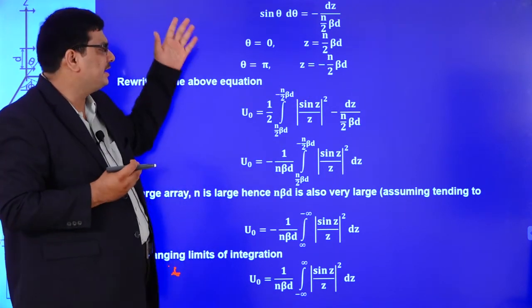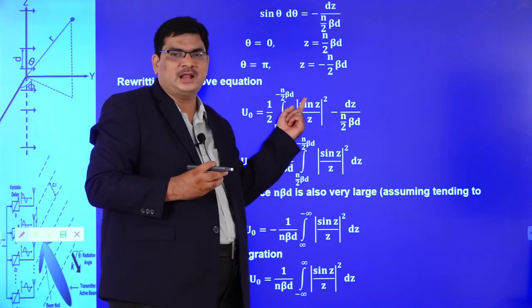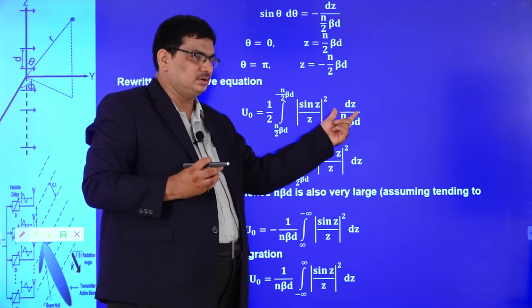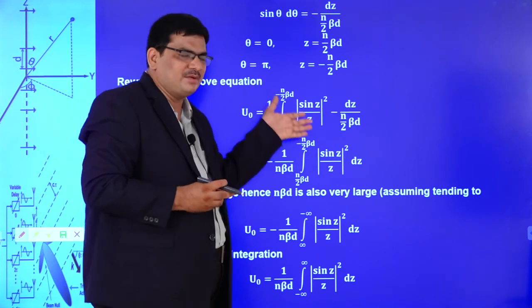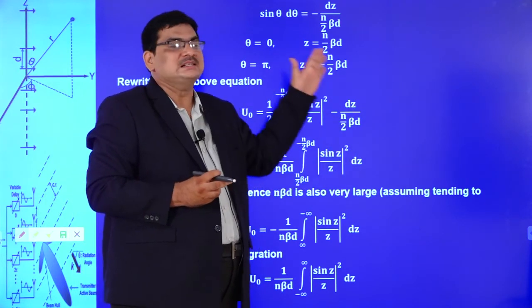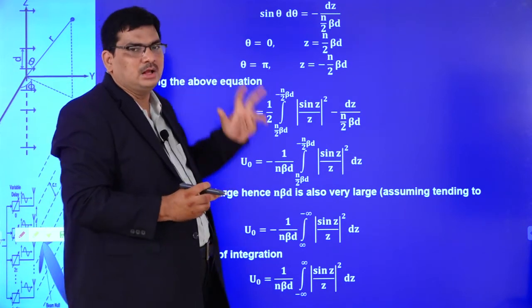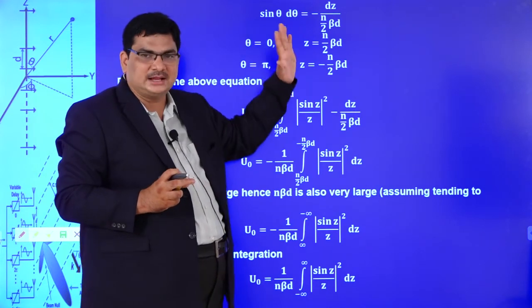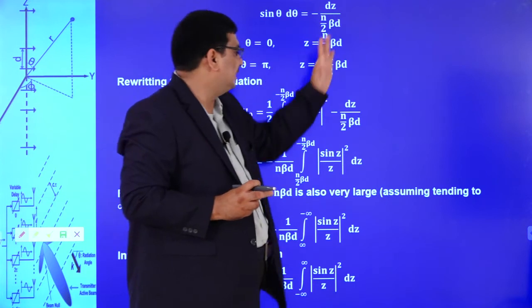So what we are doing here: all the major terms belong to z, but in the previous expression our derivative part is with respect to theta. Now I am converting all the theta terms to z. So z is equal to something, and I am differentiating with respect to z on the left side and with respect to theta on the right side, and after that all the theta terms will be converted into z terms.